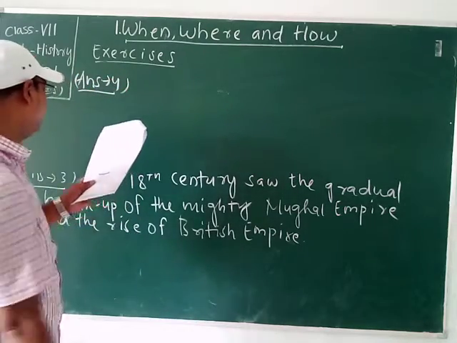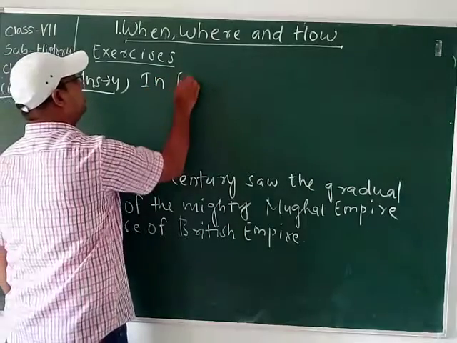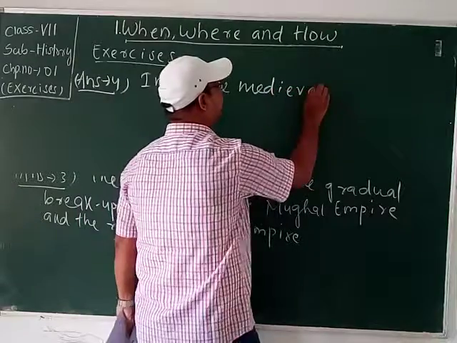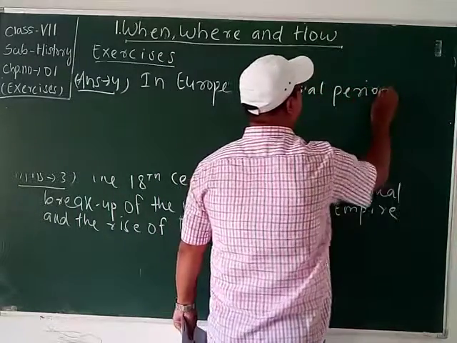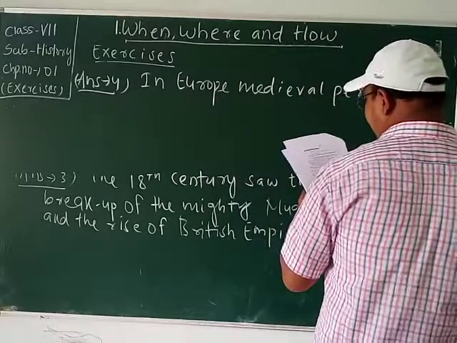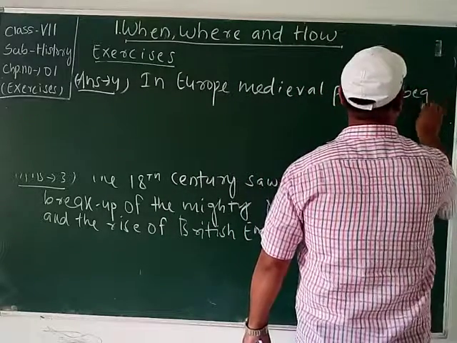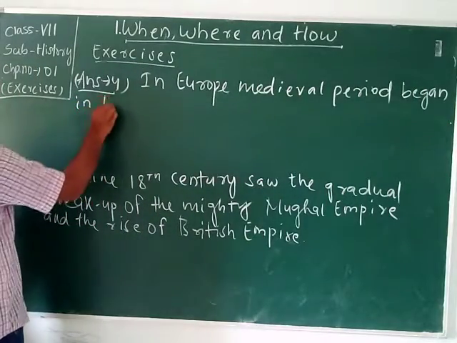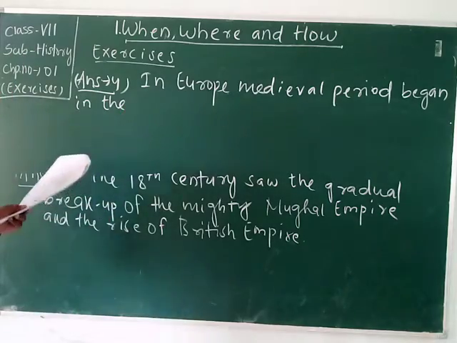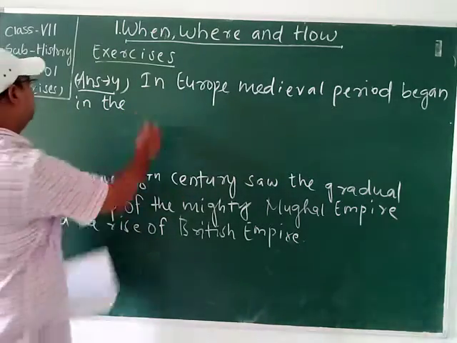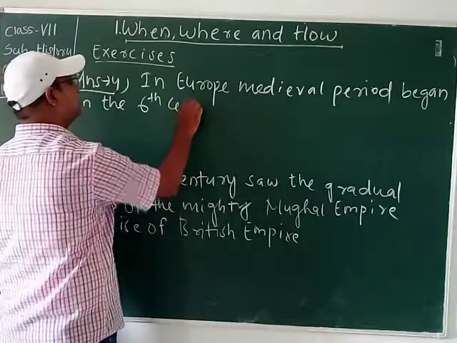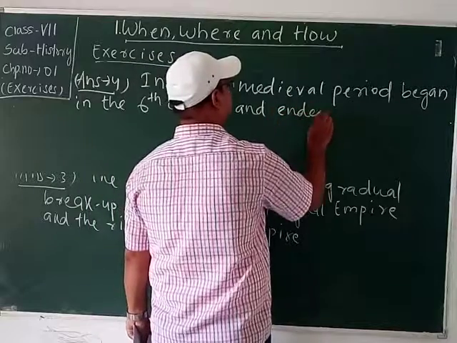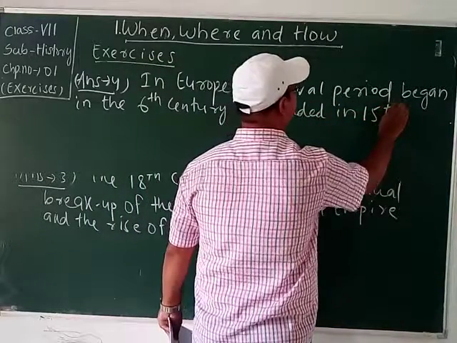What is answer number 4? In Europe, the medieval period began in the 6th century and ended in the 15th century.